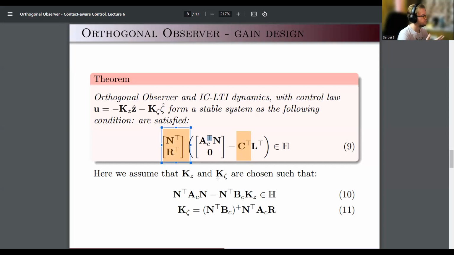This is your B. And Q and R would be, Q would be, in this case, a matrix multiplied by the pair Z and zeta. Actually, the cost will be in terms of observation error, but we'll see it in the next slide. And the R will be in terms of effort of observer.